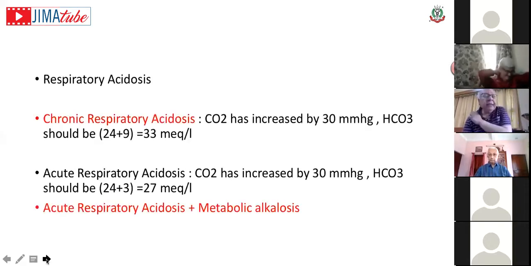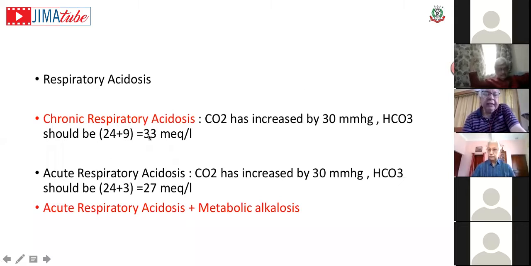Now, as we said, this patient definitely has respiratory acidosis. If it was chronic respiratory acidosis, carbon dioxide was 70 in this patient, so it has risen by 30. Instead of 40, it is 70. So if the normal bicarb is 24, for each 10 millimeter rise of CO2, the bicarb should rise by 3.